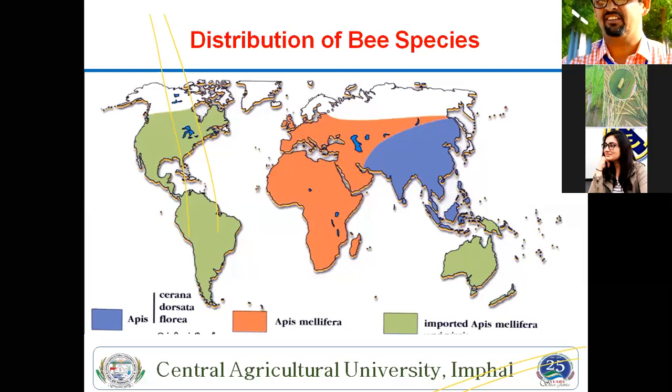But if you see the comb of the rock bee, Apis dorsata, and the little bee Apis florea, they make only one comb. So this is the difference between domesticated and undomesticated species. That's maybe why we have not domesticated the single-comb makers. Apis dorsata and florea are also very ferocious. So this is the difference between these 4 species.